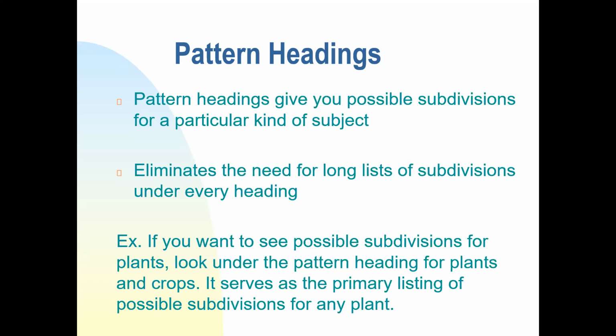So what that's telling me is I can look at corn for lots of subdivisions that I can use under any kind of plants or crops. So if I had a book about wheat and I didn't have the subdivision that I wanted listed under wheat, I could look under corn instead and find more choices.